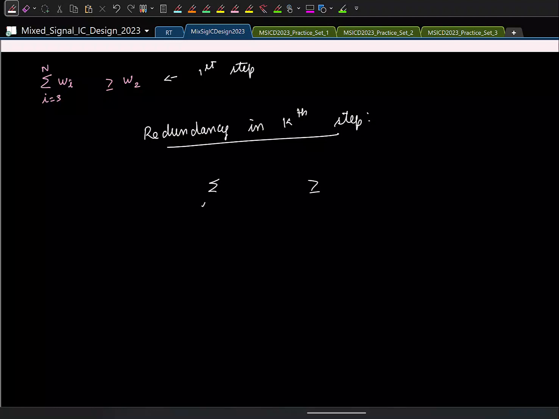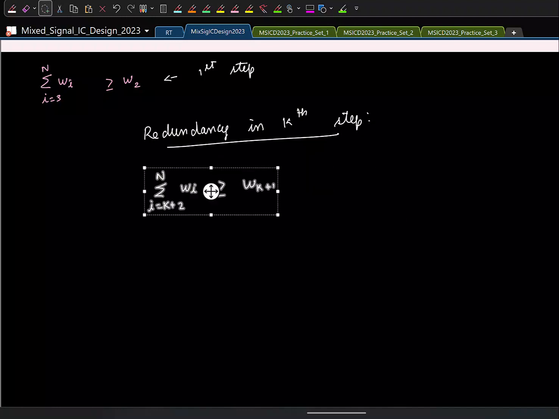Yeah, summation I, this should go from k plus 2 to n, wi, that must be greater than or equal to k plus 2. Okay, so this is the condition you have to satisfy if you need to ensure that any error made in the kth step can also be corrected, right?